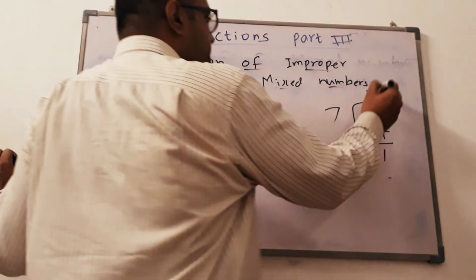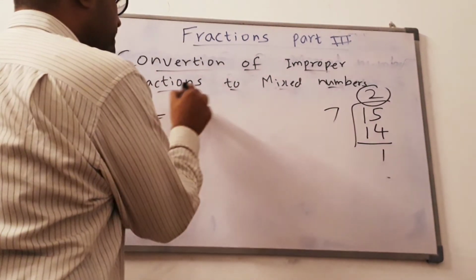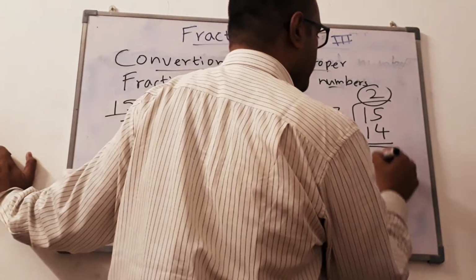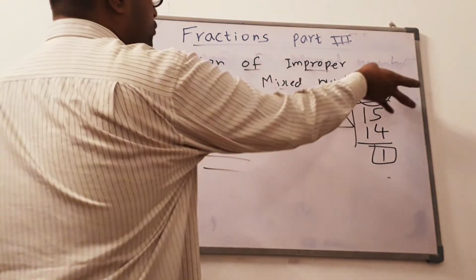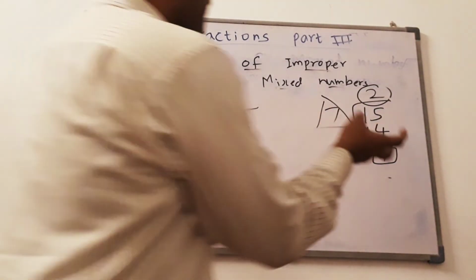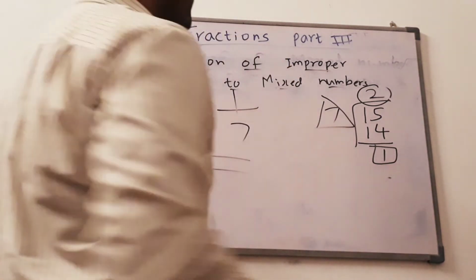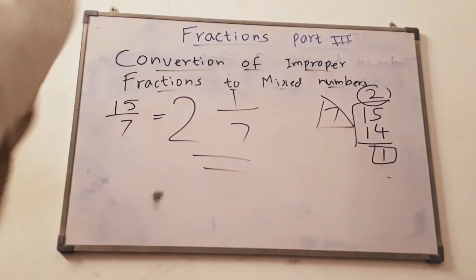So 2 is the whole number, 1 is the numerator, and 7 is the denominator. We divided 15 by 7; the quotient 2 becomes the whole number, the remainder 1 becomes the numerator, and the divisor 7 becomes the denominator.